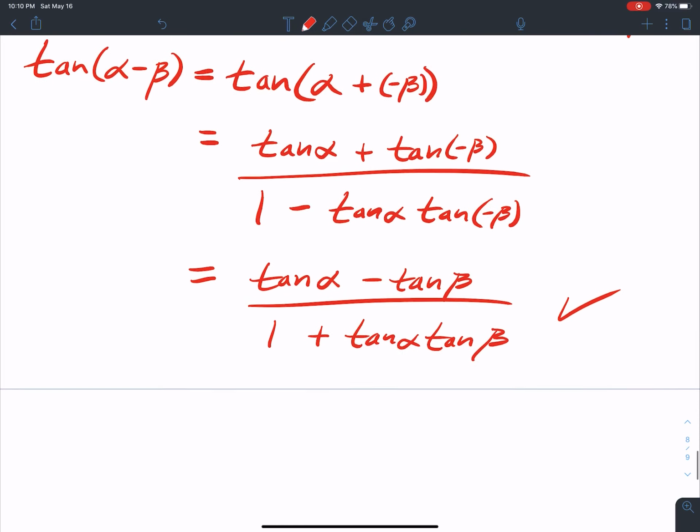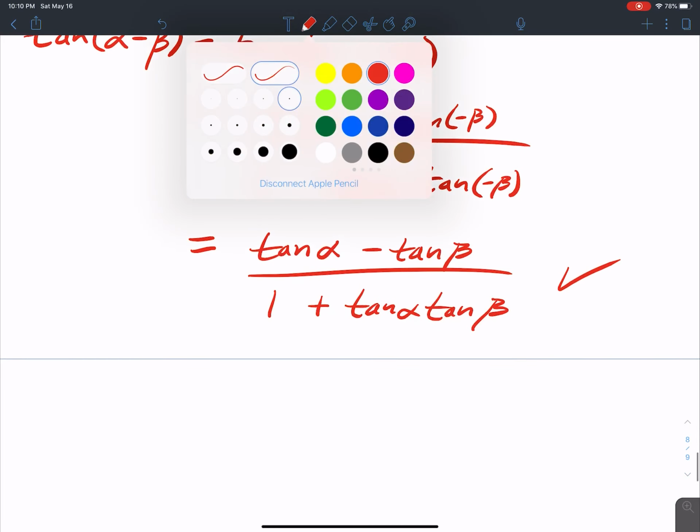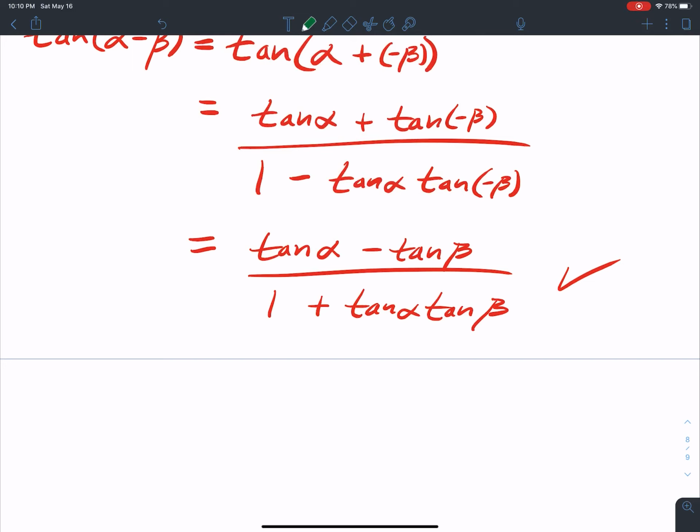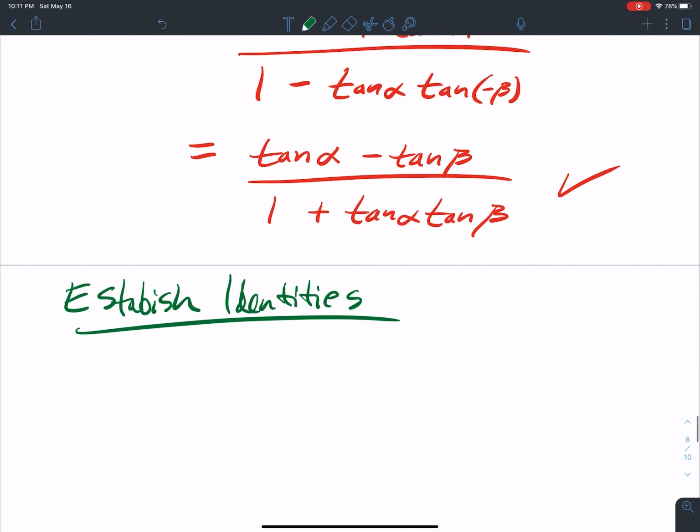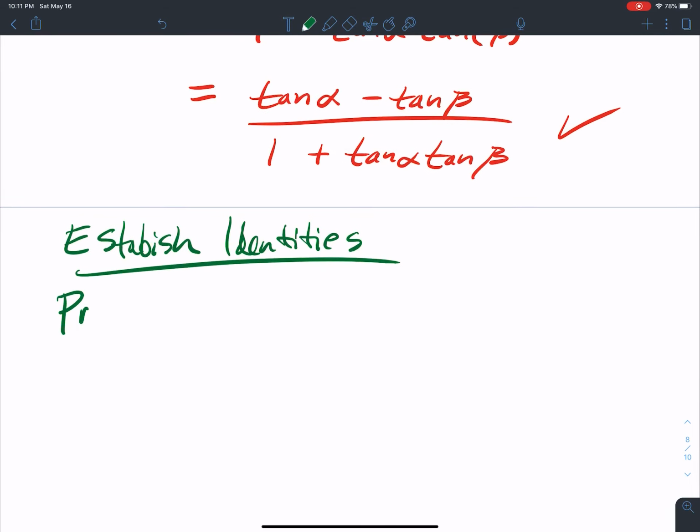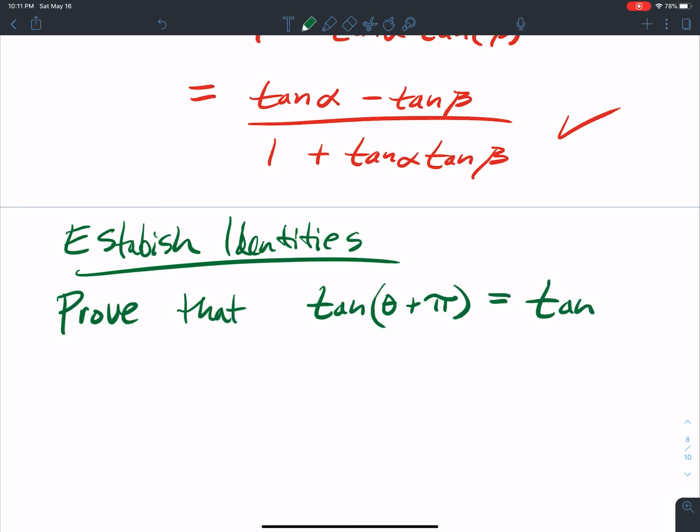Okay, so now we're going to establish some identities. Prove that the tangent of theta plus pi is equal to tangent of theta.